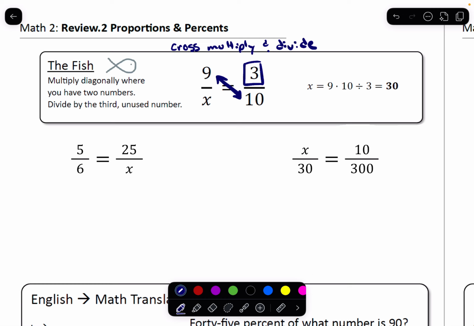We don't want to divide it by x because that doesn't help us. You take that 90 and divide it by 3. 90 divided by 3 is 30. So that means that to keep this fraction compared to the other fraction, this x value would need to be 30. It doesn't matter where the x is.